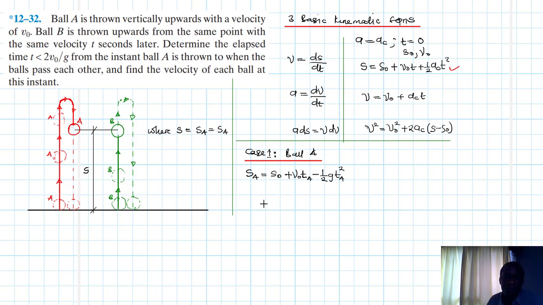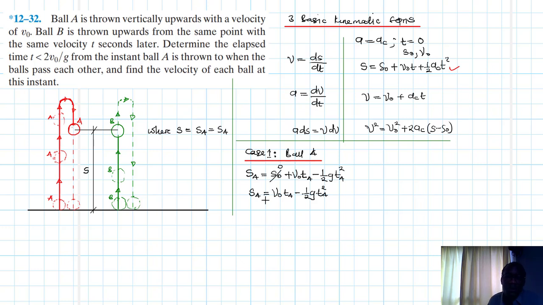Okay. All right, so this is the equation for ball A, right? But we know that our initial displacement is 0, and therefore this just becomes SA equal to V naught TA minus half G TA squared.